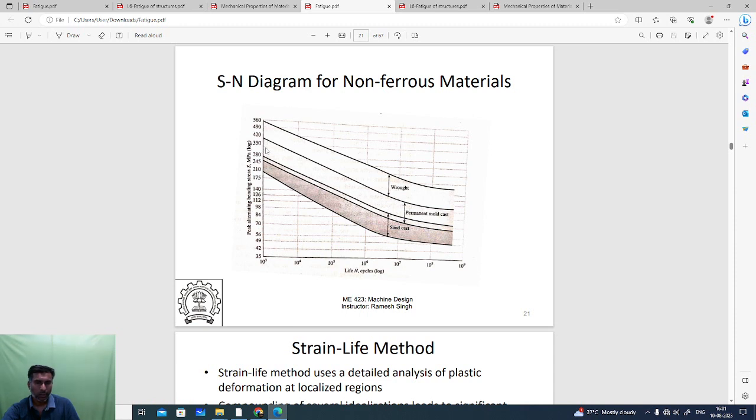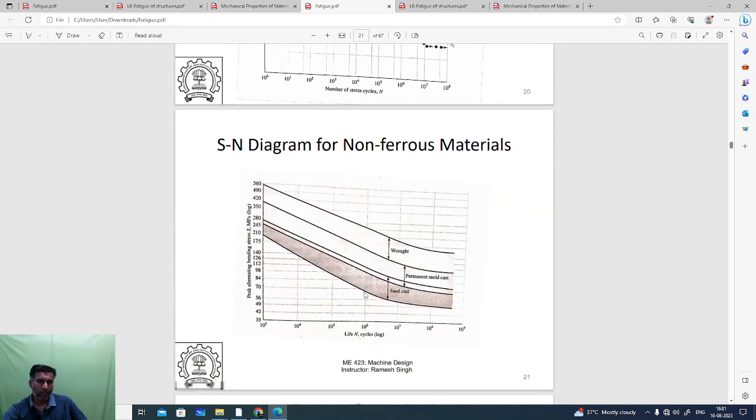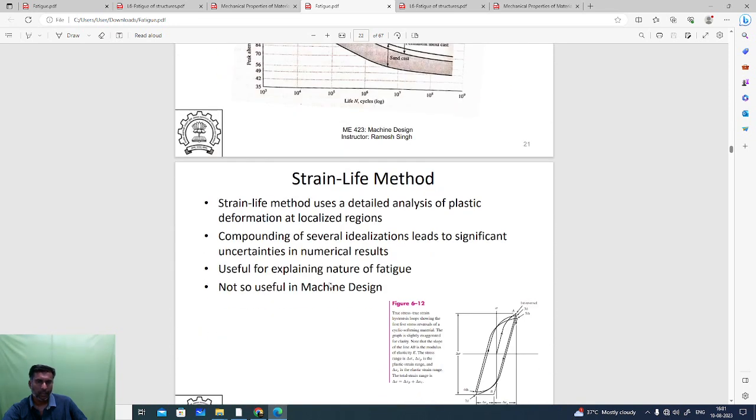Wrought iron has more than 422 up to 560 yield strength, in megapascals. So for sand cast iron, the value is between 210 and 245. Permanent mold iron is 280 to 350. Wrought iron is 420 to 560. That is the main difference of the S-N diagram for non-ferrous materials.